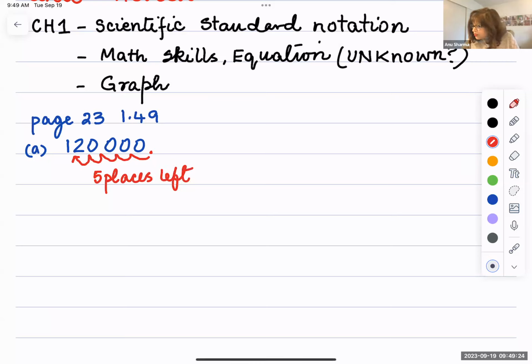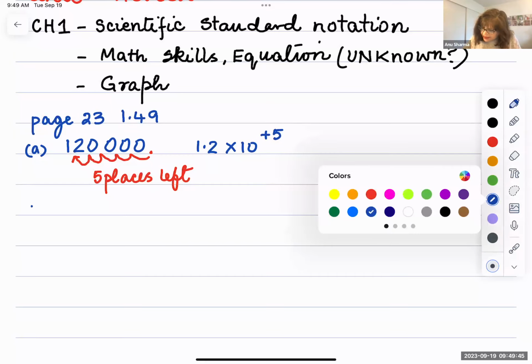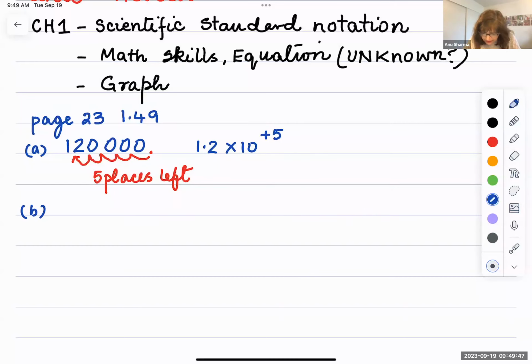Now what does the answer become? 1.2 times 10 to the power positive 5. This is how you have to show on the exam, all the details, how the problem is solved. Next, let's look at another question.